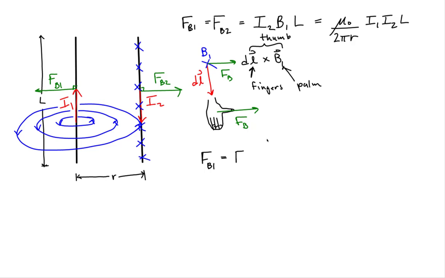So what we can conclude here is when two current-carrying wires that are parallel carry currents in the same direction, the magnetic force is attractive. And if they carry currents in the opposite direction, the magnetic force between them is repulsive.